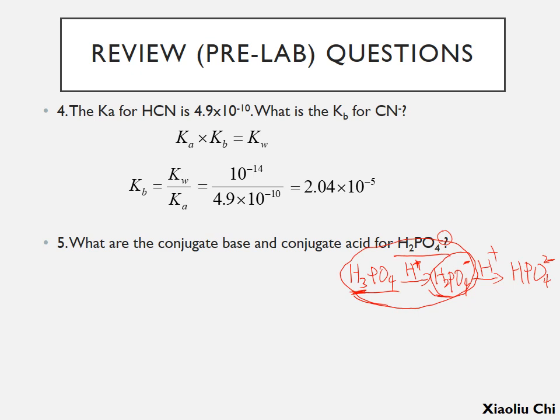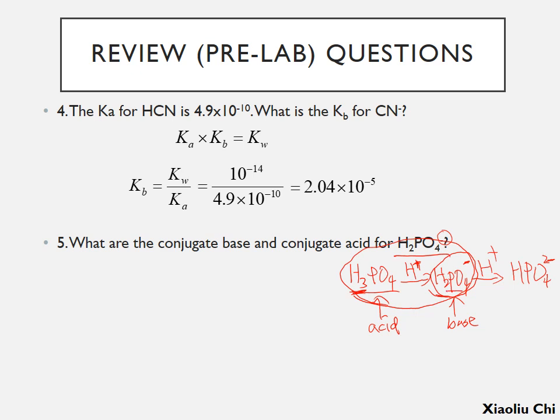One is this step. Okay, in this reaction, phosphoric acid is acid because it donates a hydrogen, and this will be the conjugate base. Okay, so if we donate a proton, that's acid, and the product is a conjugate base.